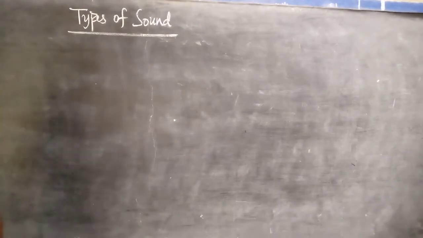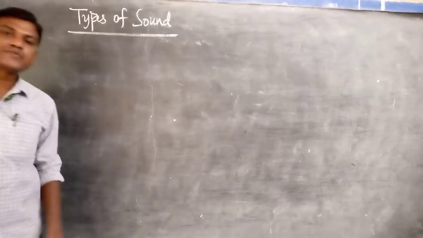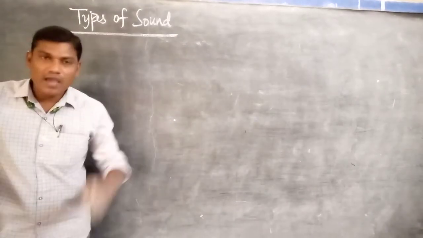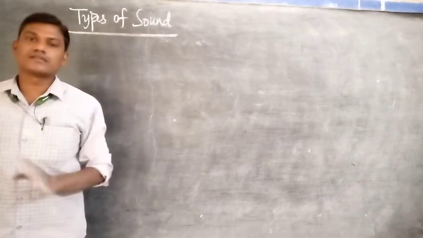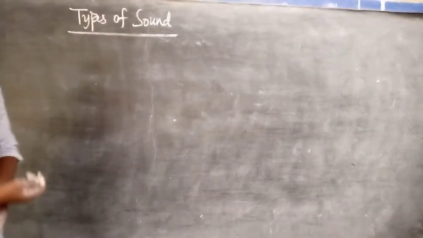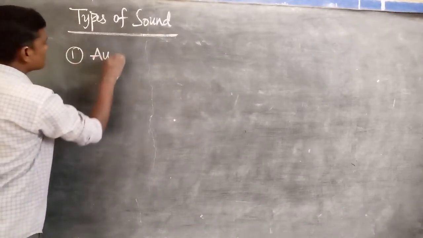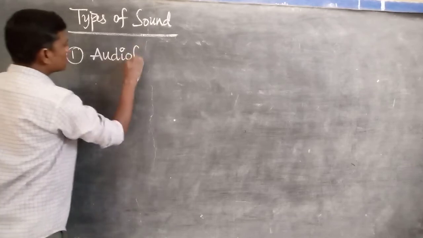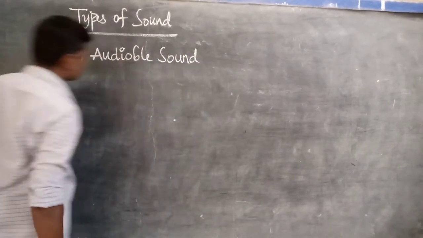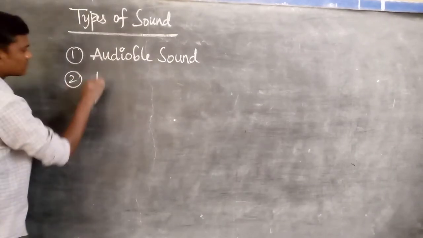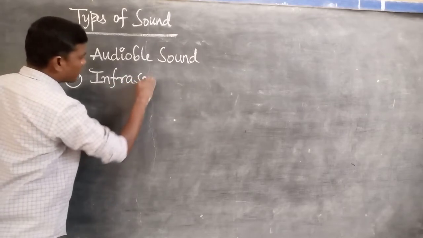Next heading is types of sound. So, how many types of sounds are there? Generally, based on the hearing capability of the human ear, sound is classified into 3 types. First one is audible sound. Second one, infrasonic sound.